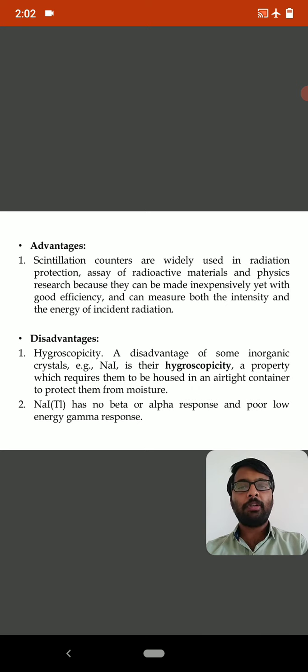So these are the two disadvantages: one is the hygroscopic nature, and the other is no beta or alpha response along with poor low energy gamma response for this inorganic type scintillator.